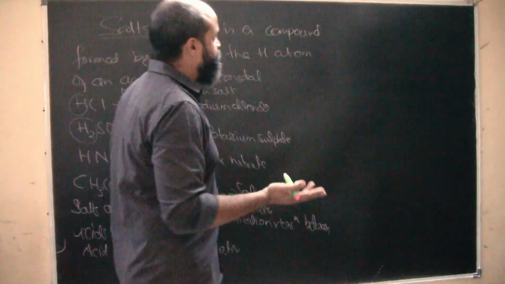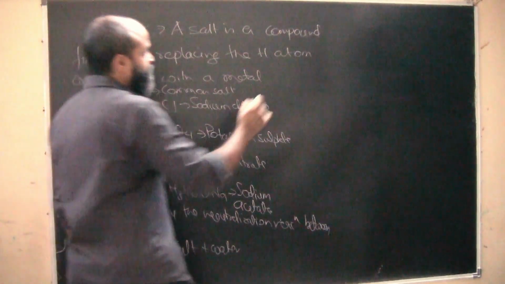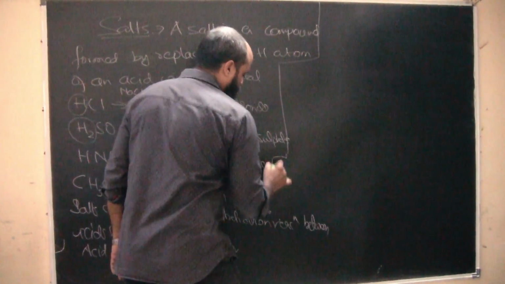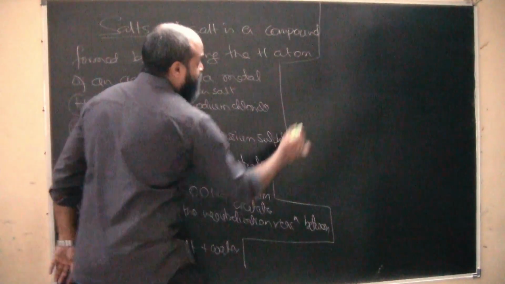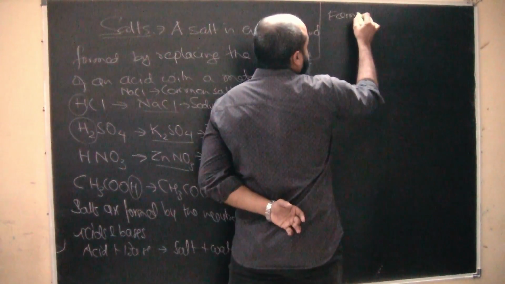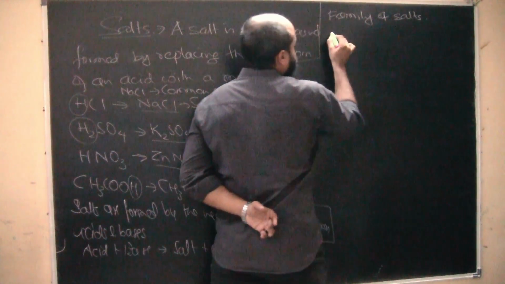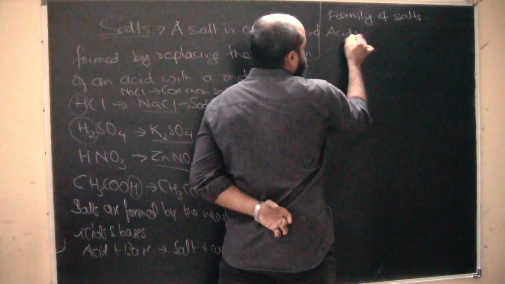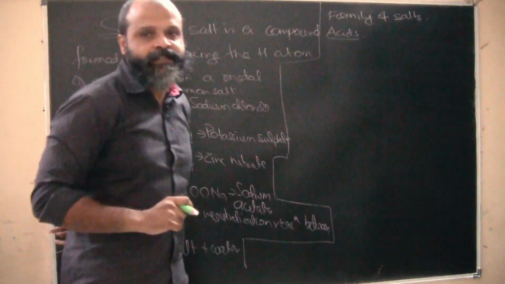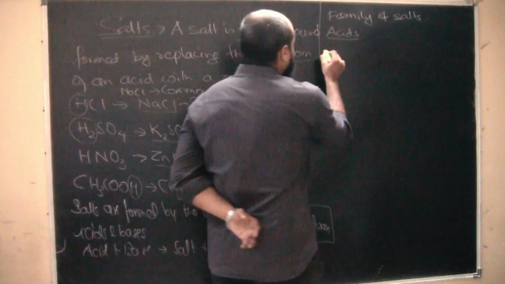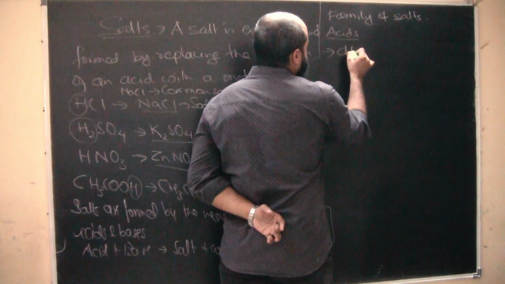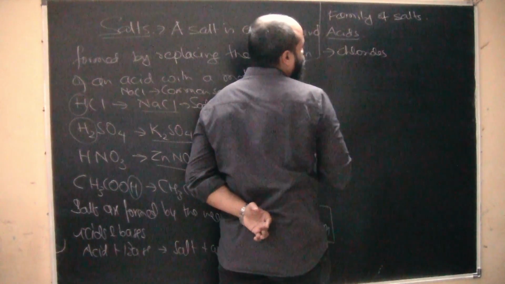Now we have basically families of salts. So first of all we will recognize the family of salts. When we are considering just the acid for the salt formation, we can say chlorides, all types of chlorides.